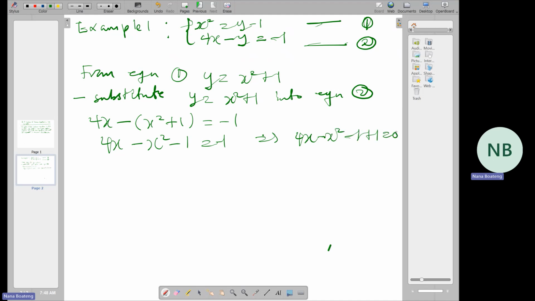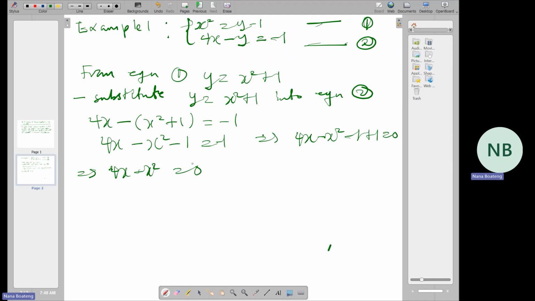So that means 4x minus x squared is equal to 0. We now have a quadratic equation that we can factorize to solve for x.